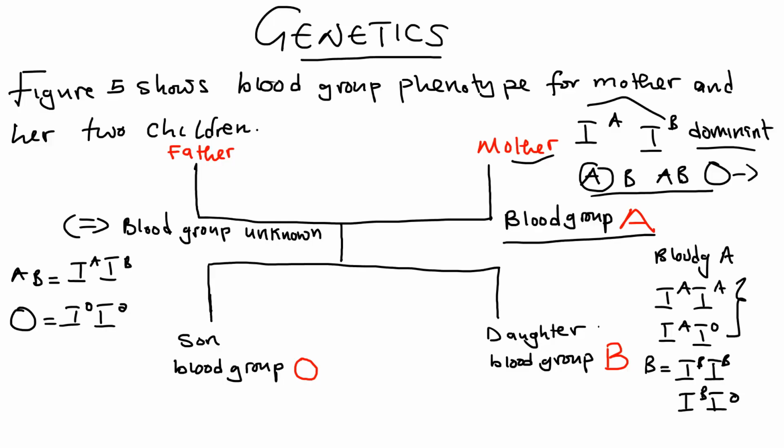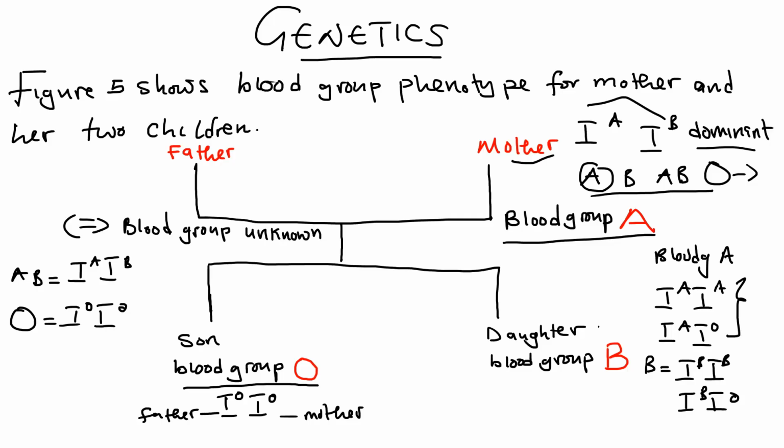For you to answer this question, you look at the children. This one has blood group O. Do you know what that means? It means the alleles for this blood group are O. One is inherited from the mother, and the other is inherited from the father.